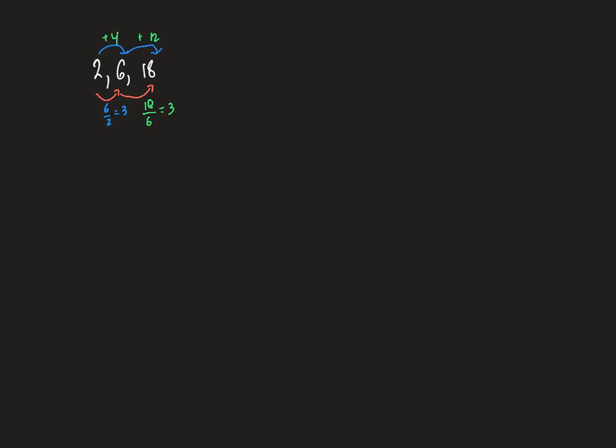So what I am noticing here is that in this case, I would say they have a common ratio, not difference, ratio. Because now we're doing things with division and multiplication. So if I wanted to go from 2 to 6, I have to do 2 times 3. If I wanted to go from 6 to 18, I'd have to do 6 times 3. So I have to multiply each number by the same thing. So in this case, I'd say my common ratio is 3.